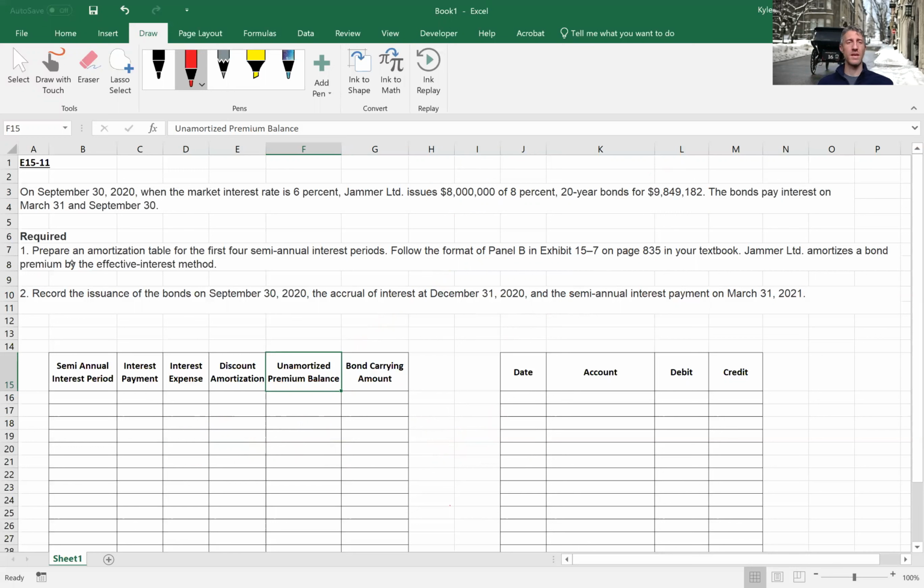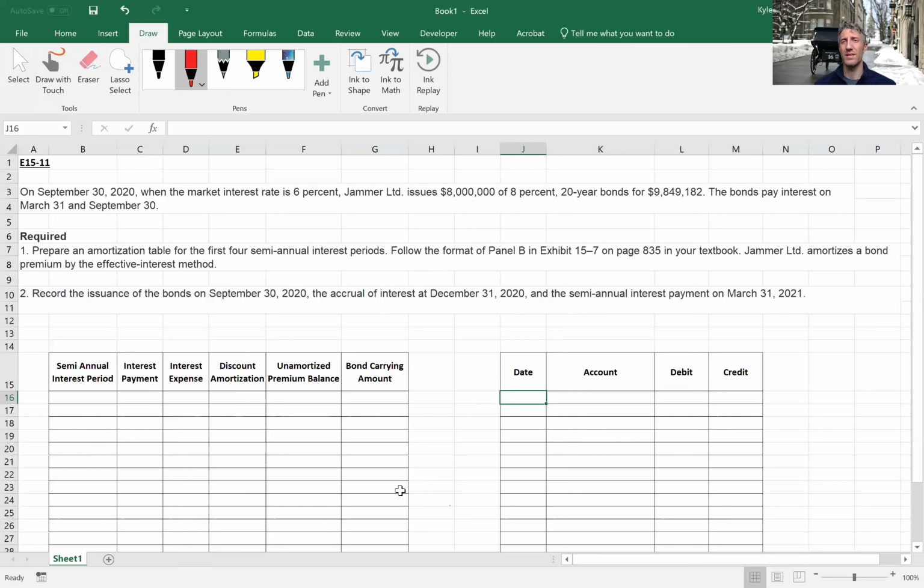So I think I'm going to start this problem by just doing the first journal entry, and then we'll get into doing the amortization schedule. So think about first, well, why do corporations issue bonds? What's the point? The point is to raise money. They need cash, so they decided to issue debt, issue a bond in order to raise those funds.